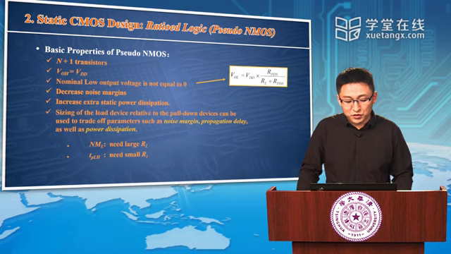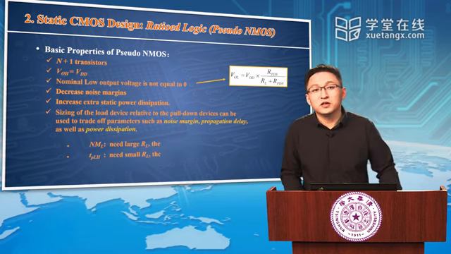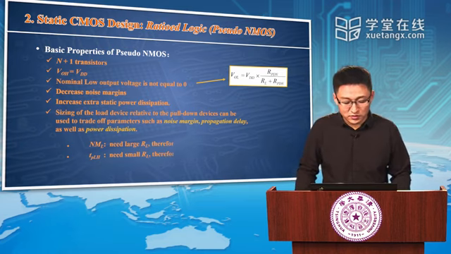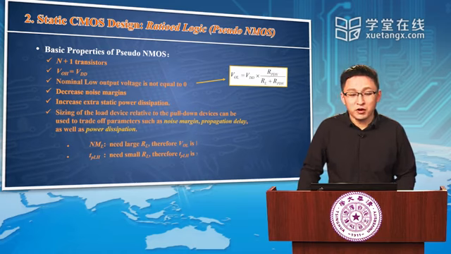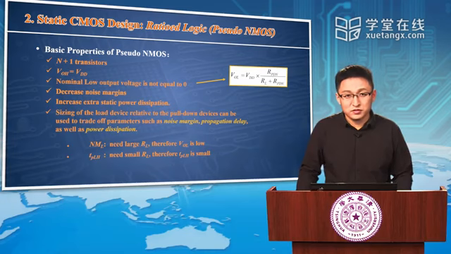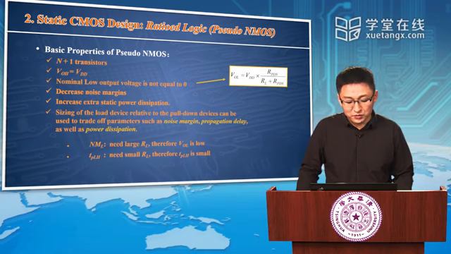So in terms of noise margin low, we need a large load resistance. However, in terms of performance, for example, tPLH, we need a small resistance. Therefore, tPLH is small because tPLH equals 0.69 times RL times CL. So to decrease this one, we should decrease the resistance. So we have to trade off between these different parameters.